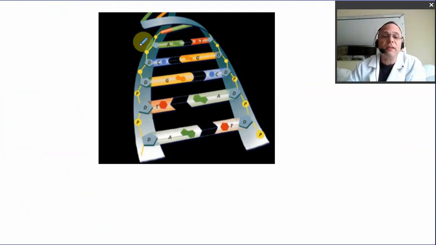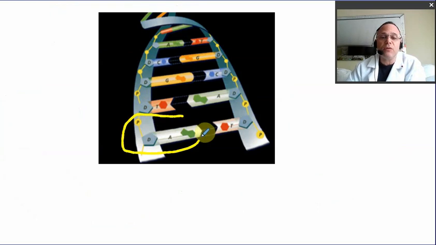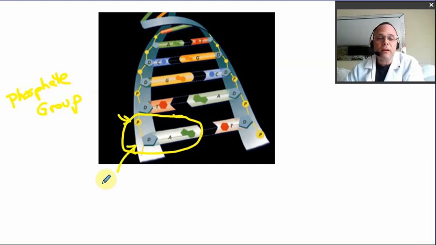Each one of these, and let me choose that pen, each one of these nucleotides is going to have a phosphate group and a sugar.